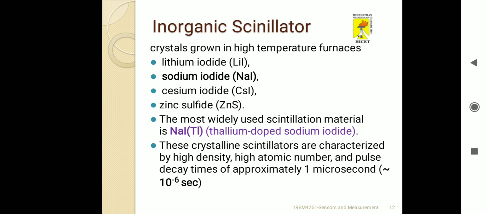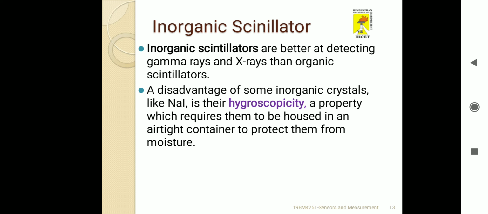These crystalline scintillators are characterized by high density, high atomic number, and a pulse decay time of approximately 1 microsecond. Inorganic scintillators are better suited for detecting gamma rays and X-rays compared to organic scintillators.